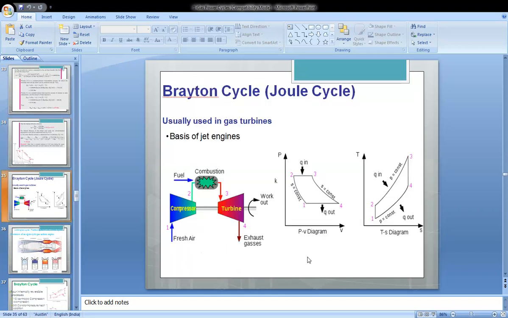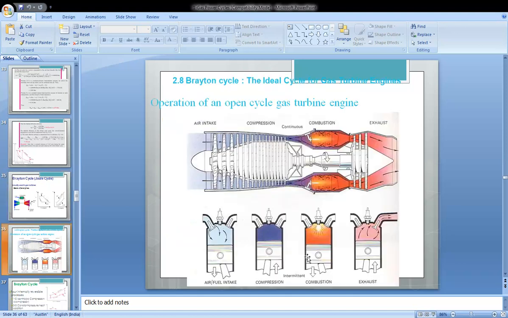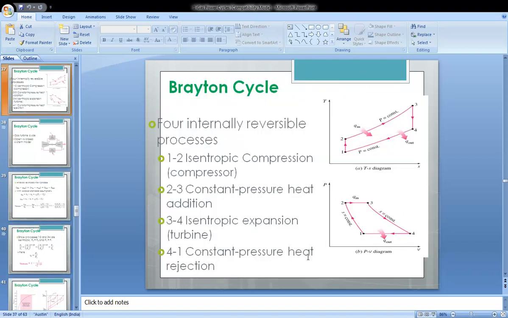Now we come to the Brayton cycle. In this Brayton cycle, two constant pressure operations and two isentropic operations take place. Heat is added at constant pressure, and heat is rejected at constant pressure only.